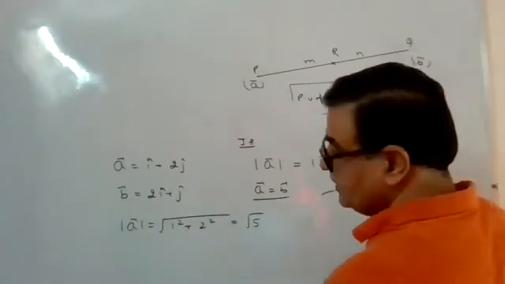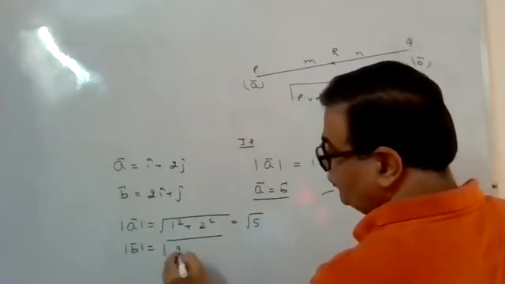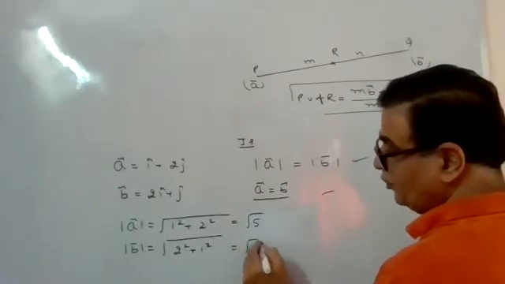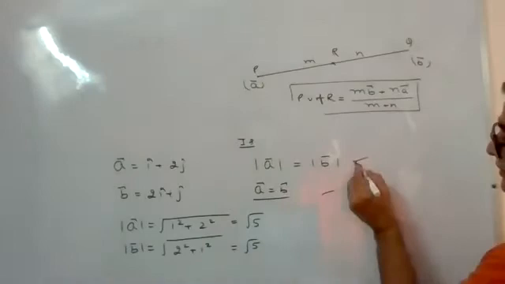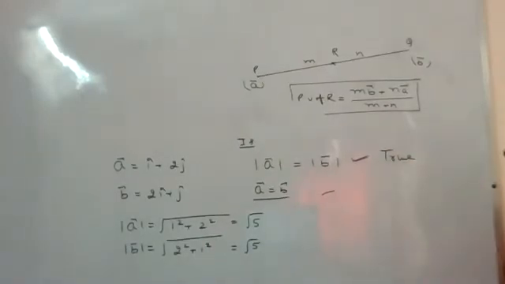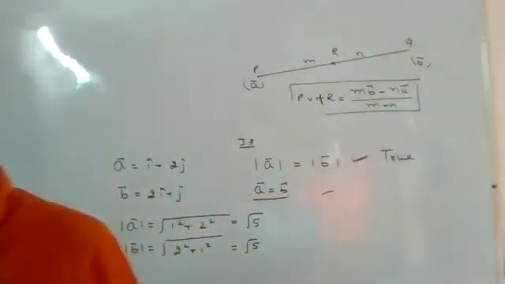Same way, the magnitude of B will be under root of 2 square plus 1 square. This is also root 5. Then we should say yes, this condition holds, it is true. The second part says A is equal to B. Is the vector A equal to B or not?